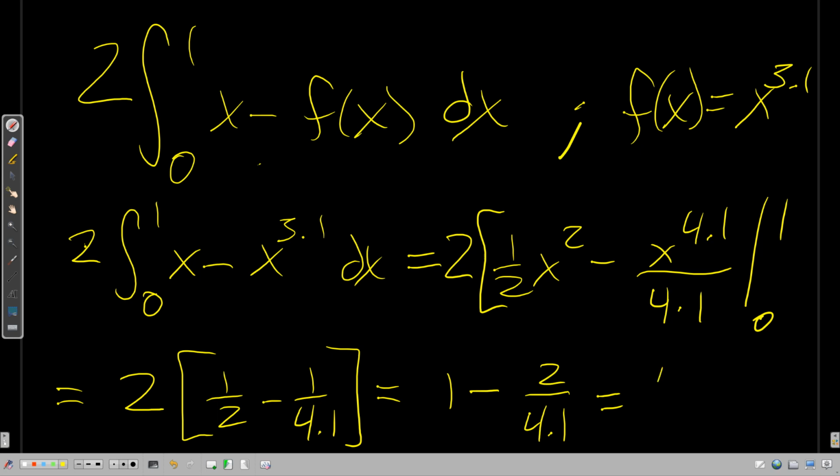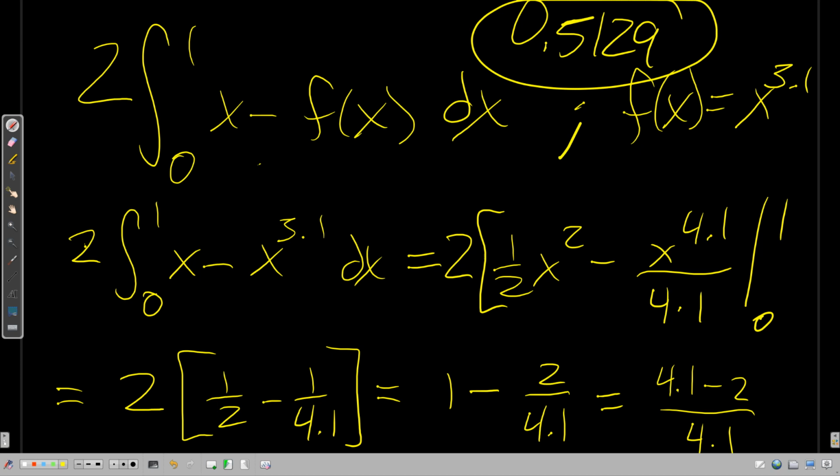So this would be 4.1 minus 2 over 4.1, and you get 21 over 41, which is 0.5129. Okay. And remembering that the lower the number, the more fair the economy is.